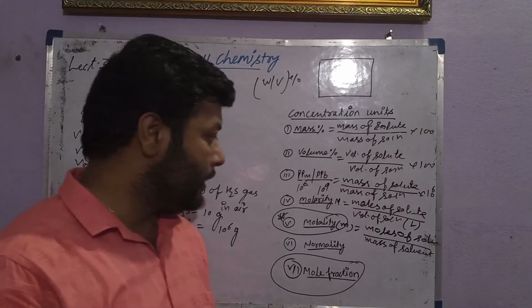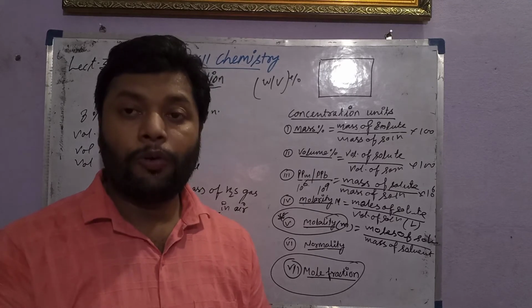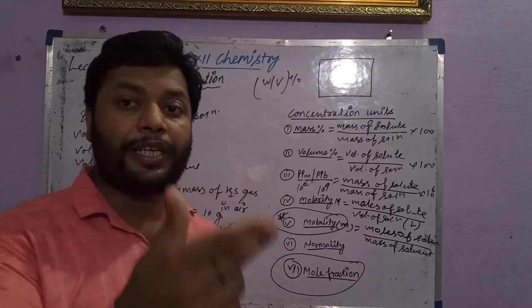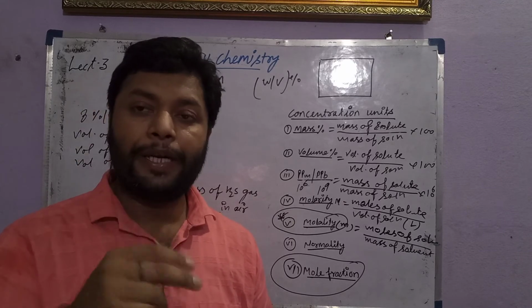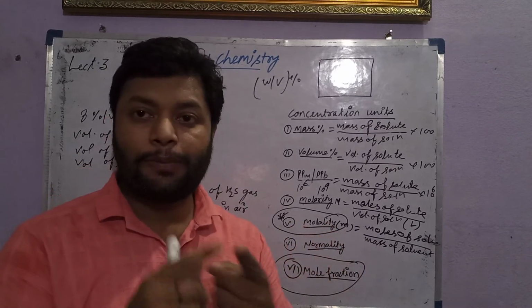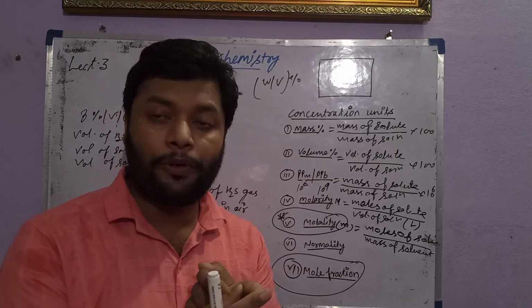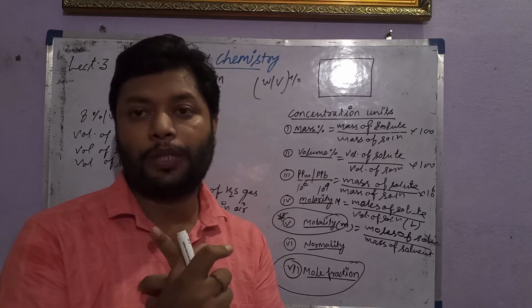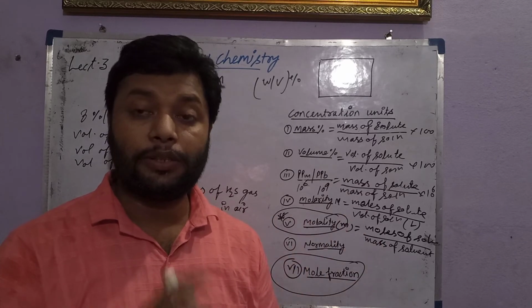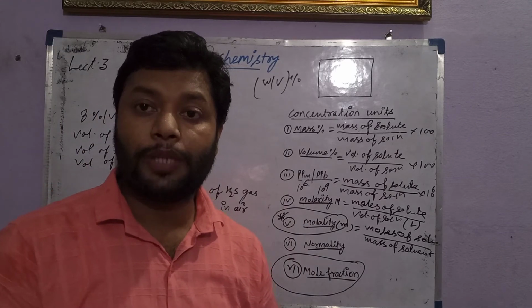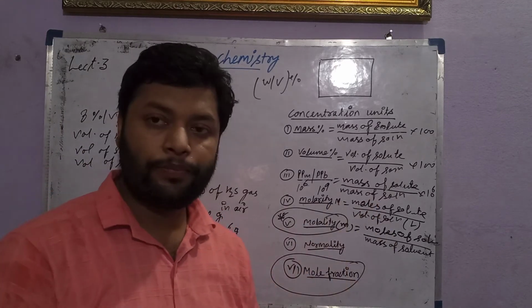So molality explains the moles of solute present in a given mass of solvent, per kg of solvent. Molality is the concentration of a solution in terms of moles of solute. Both are similar.